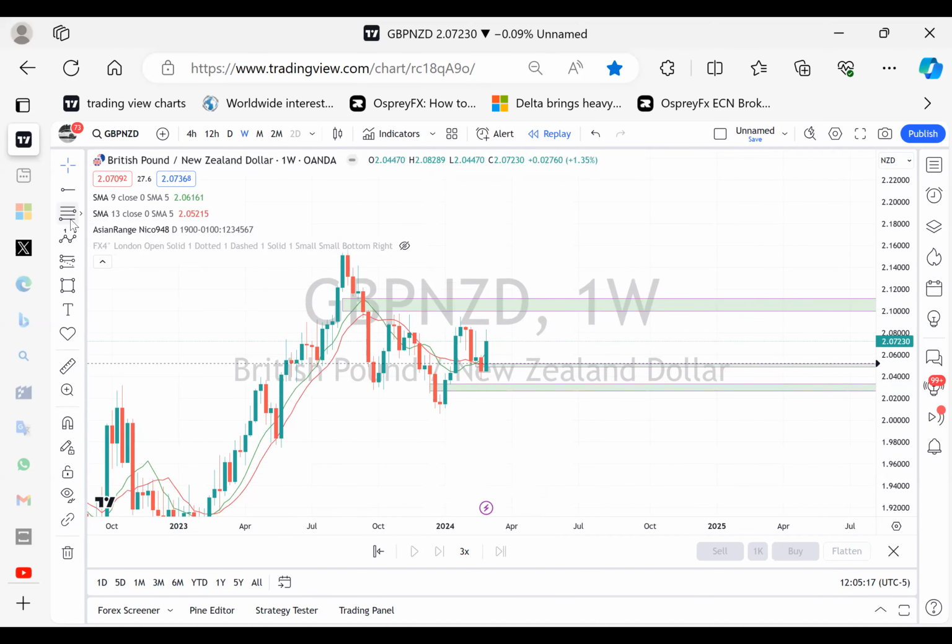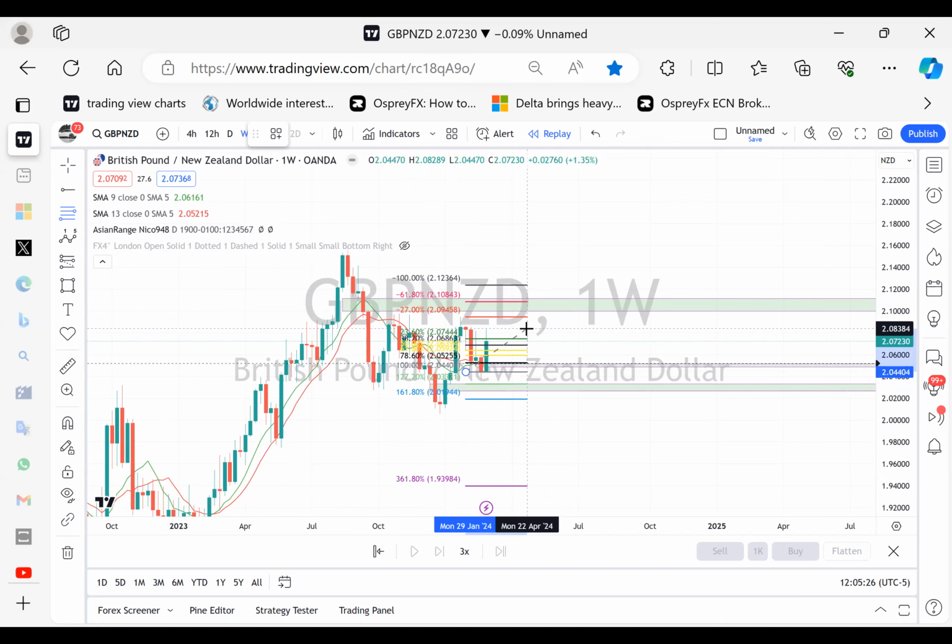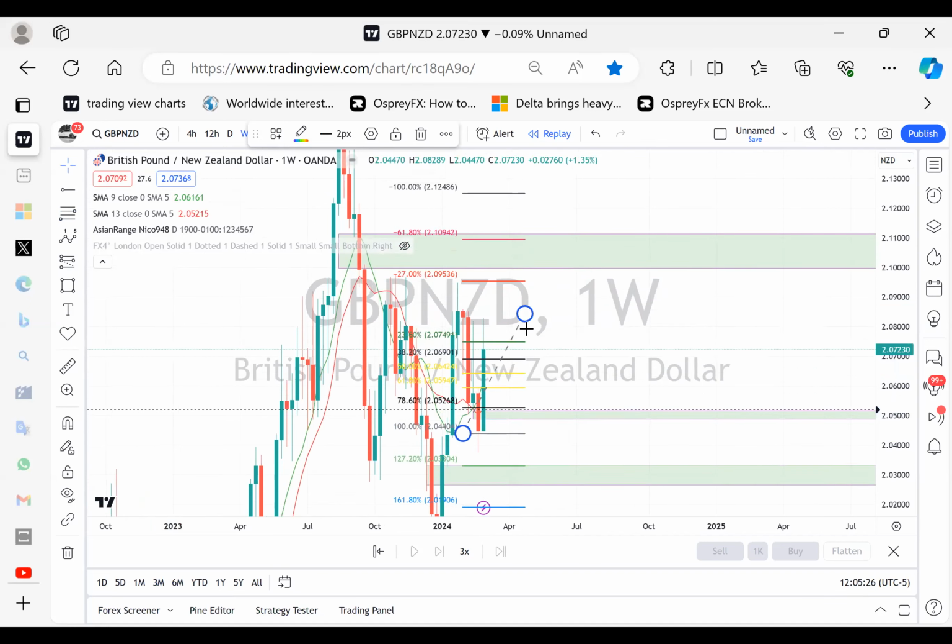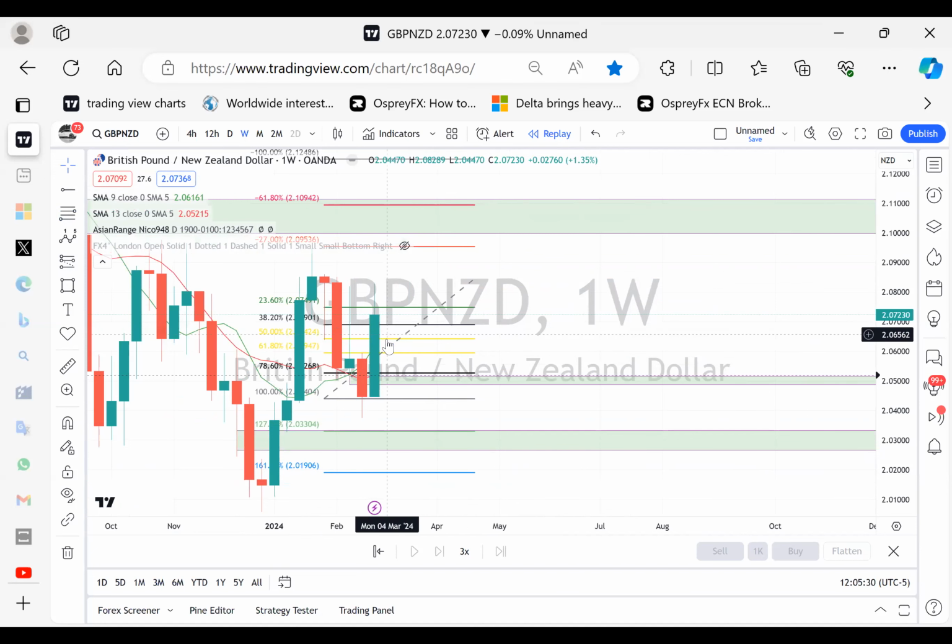For me, I can fib this green candle. I can look for a pullback to at least the zone, but maybe that's not enough pips for me.